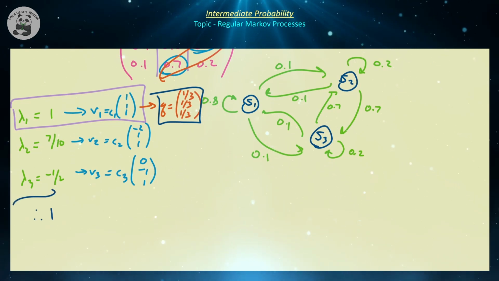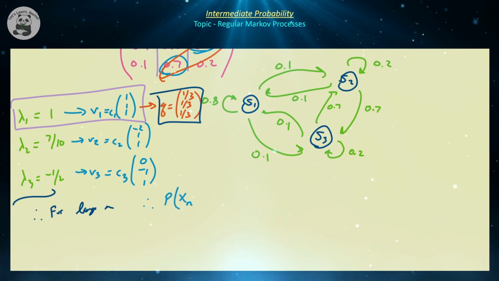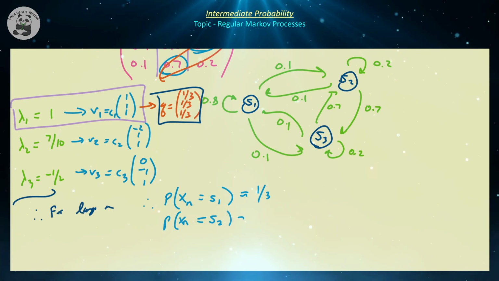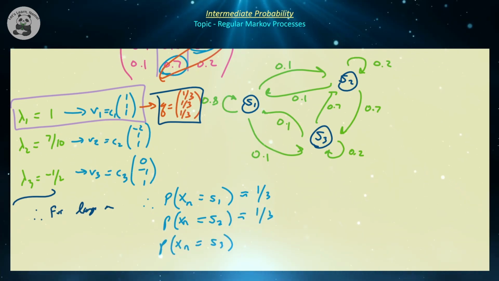So that means for large n, we don't actually need any conditional probabilities, because we can say with confidence that the probability that the nth state is in state S1 is practically equal to 1/3. The probability that Xn takes the state S2 is practically equal to 1/3, and the probability that Xn is equal to S3 is practically equal to 1/3.